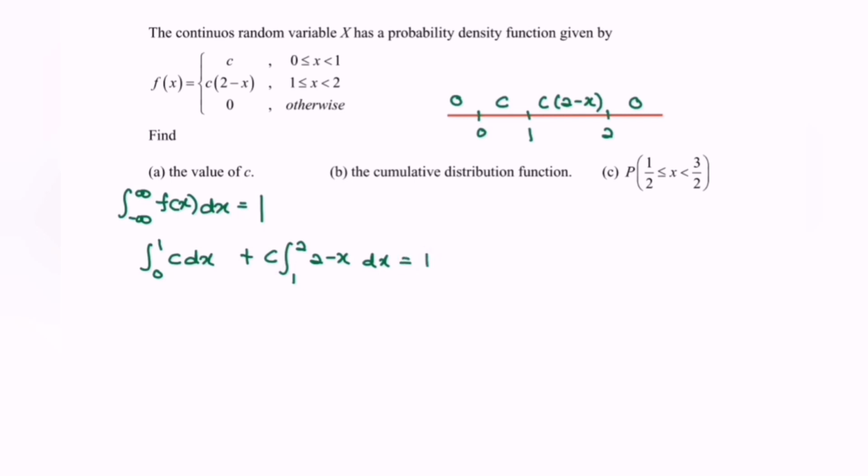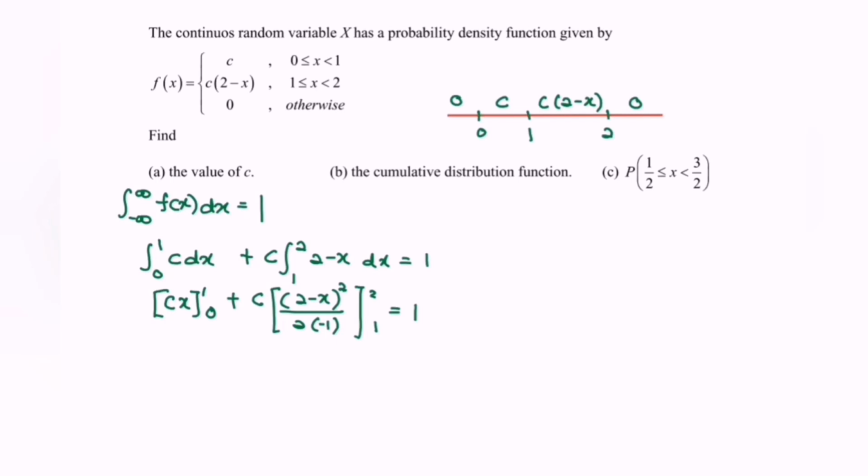So kindly integrate the situation where we have cx with the limits 0 to 1, plus c times (2 minus x) to the power of 2 over 2 multiplied with negative 1 with the limits 1 to 2, which is equal to 1.